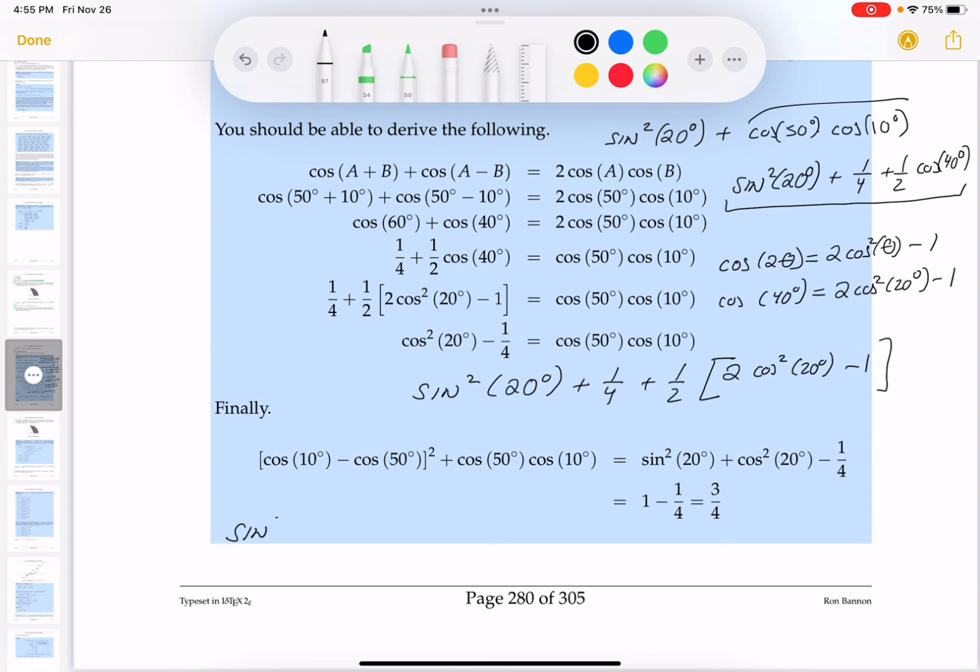Sine squared 20 degrees plus cosine squared 20 degrees. And let me just make sure I'm accounting for what I said I was going to account for. So I just did this part over here, because a half times 2 is 1. And then you get some numbers left over, right? And what numbers do you get left over? Plus 1/4. And then you're going to get minus 1/2, right?